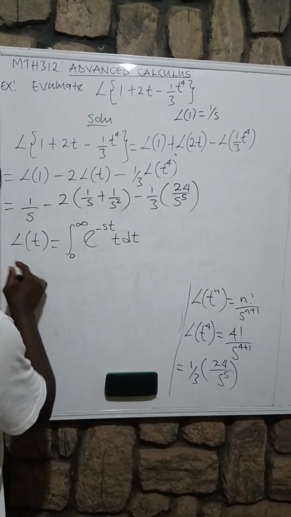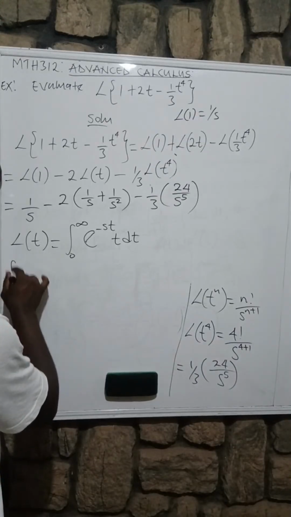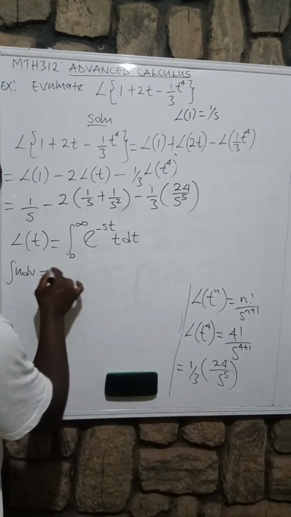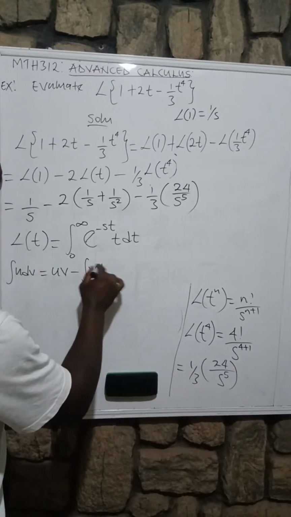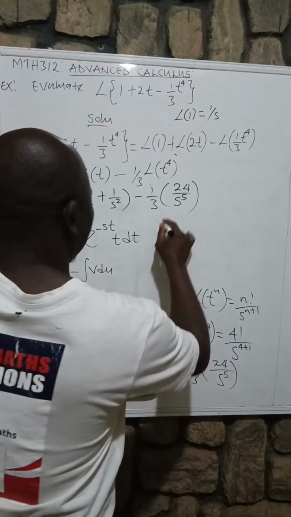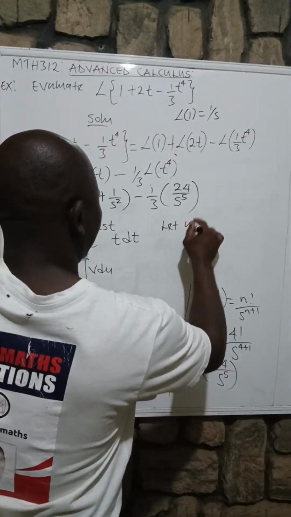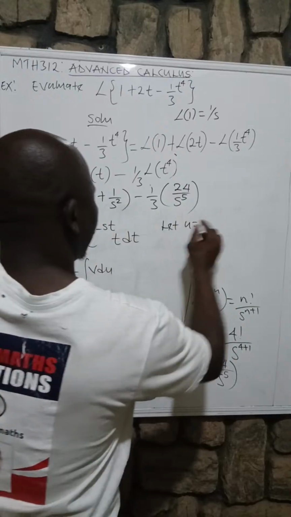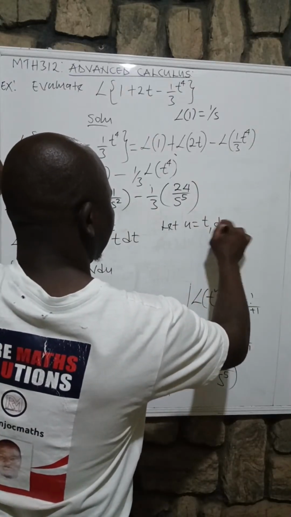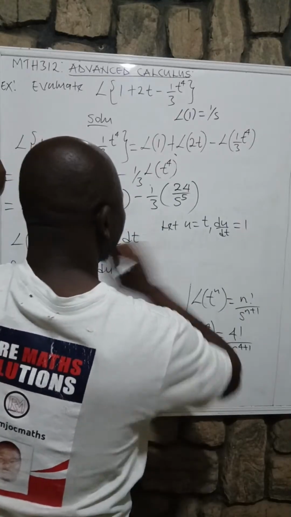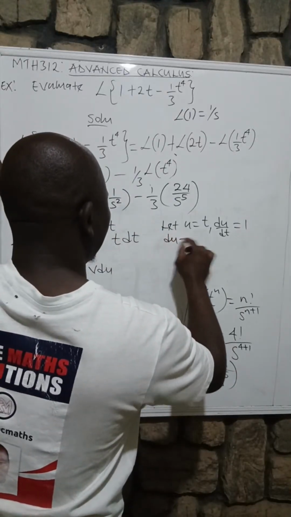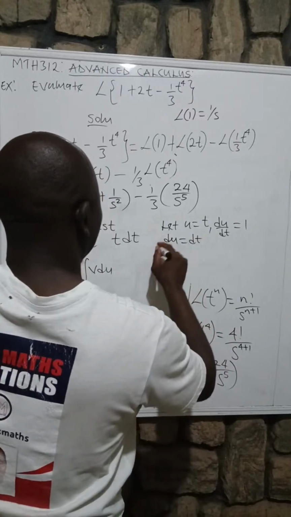So if we use by parts, integral u dv is equal to uv minus integral v du. Then let u be equal to t. Then du over dt is 1, then our du will be dt, right?